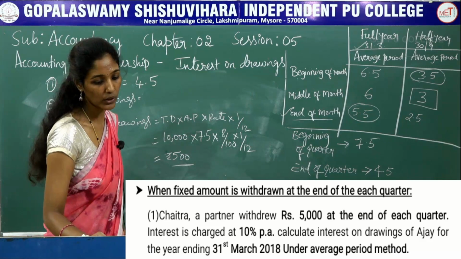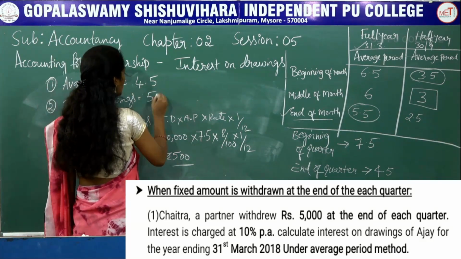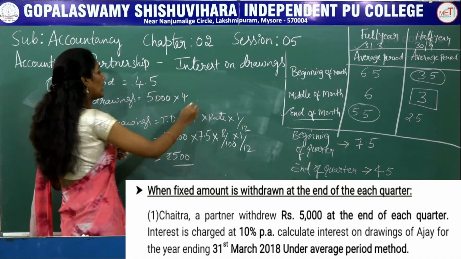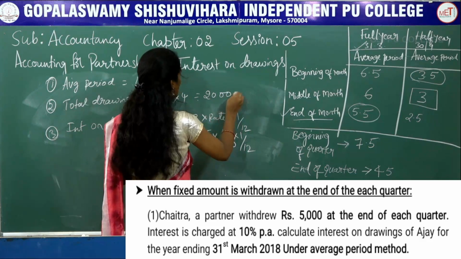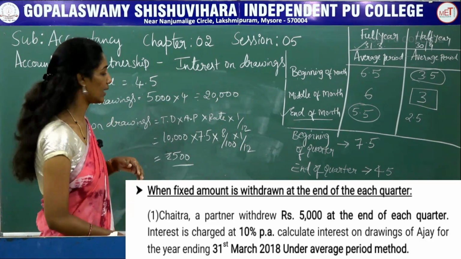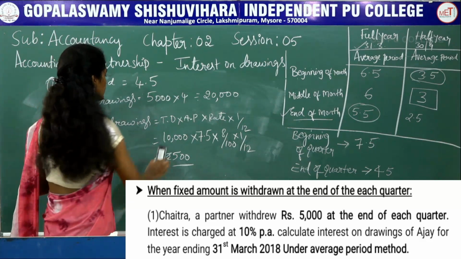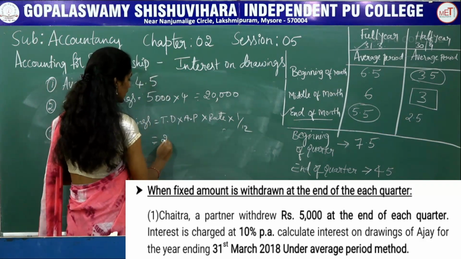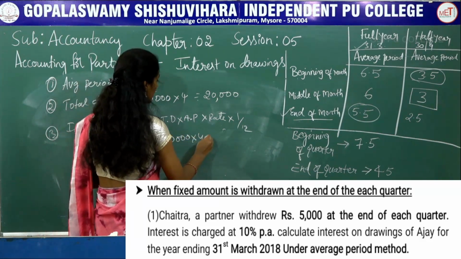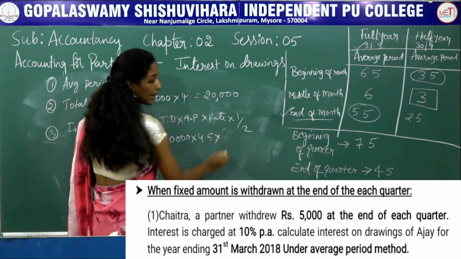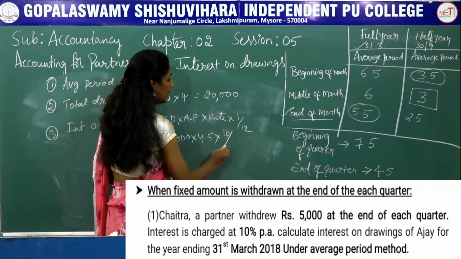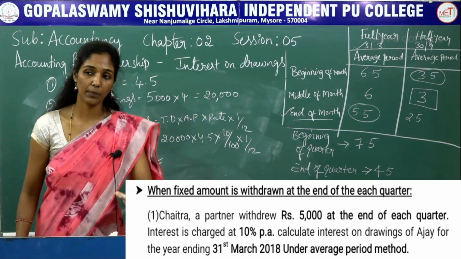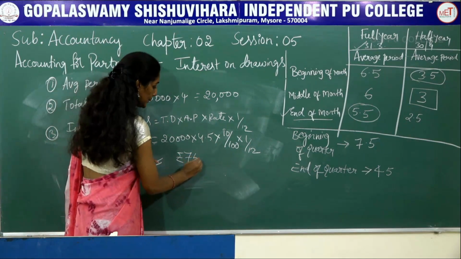She has withdrawn 5,000 at the end of each quarter, so as usual you should multiply it with 4, 5,000 into 4, 20,000. Then apply the formula: 20,000 into average period 4.5 into rate 10 divided by 100 into 1 by 12. The amount of interest will be rupees 750.